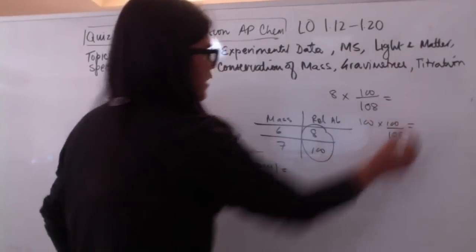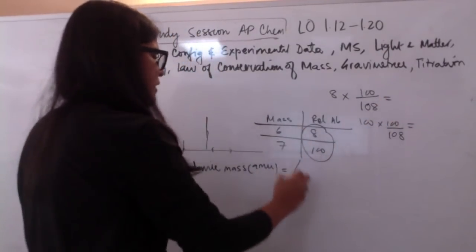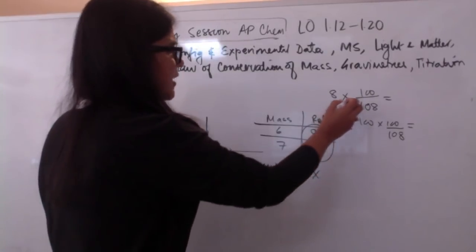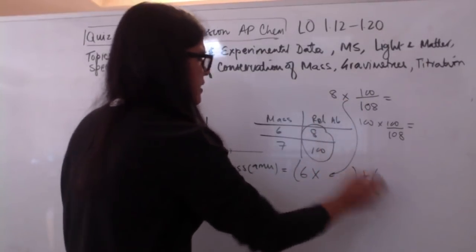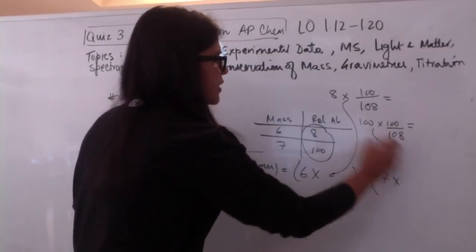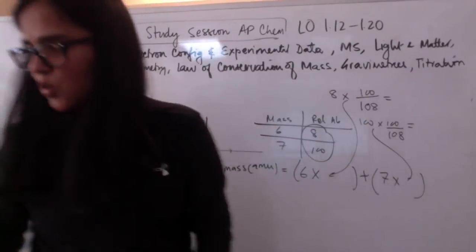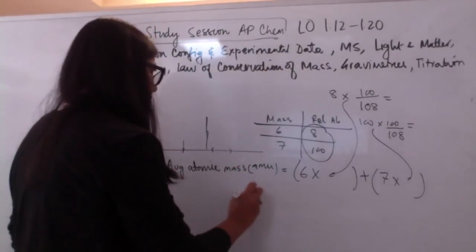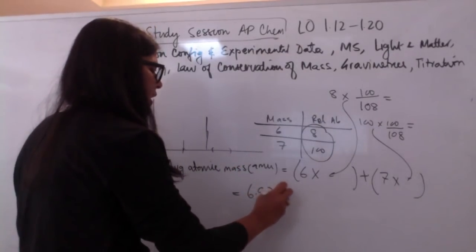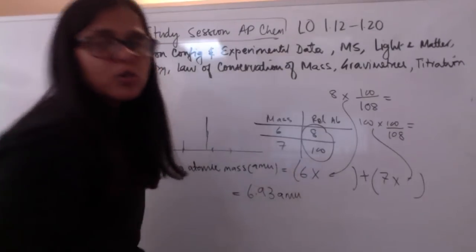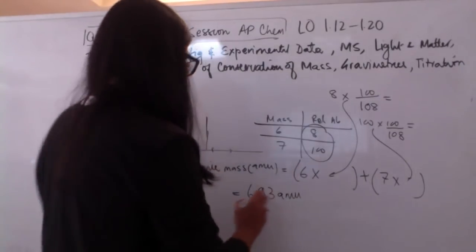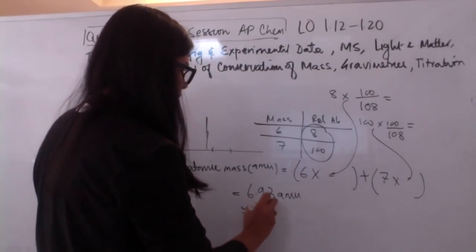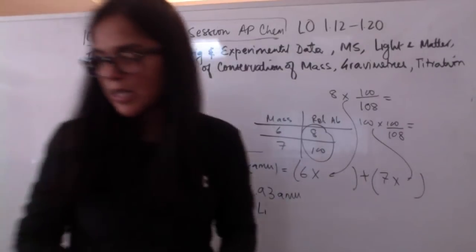This will be the percent abundances. Once you get that, it will be 6 times whatever this value is plus 7 times whatever this value is. Then you get the atomic mass of 6.93 AMU. Now you look over your periodic table and you realize that this is about the mass of lithium. So its identity is lithium.